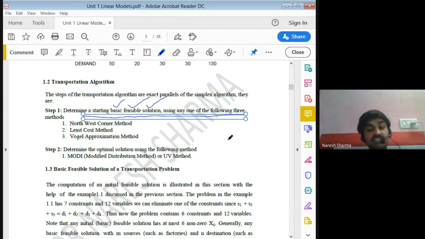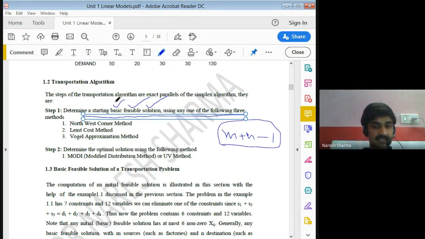Normally, for a basic solution, the number of variables is at most the number of rows, suppose m, plus the number of columns, n, minus 1. If the number of variables is at most m plus n minus 1, then the solution is basic. If it is more than that, it is non-basic.